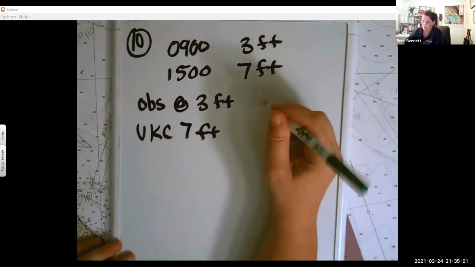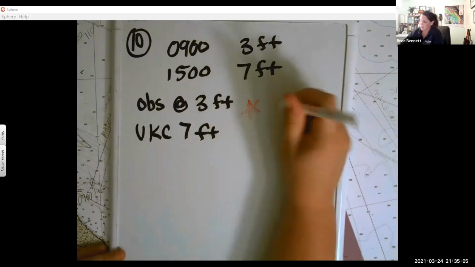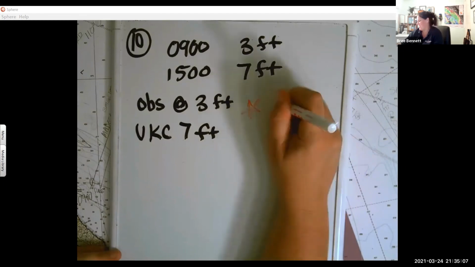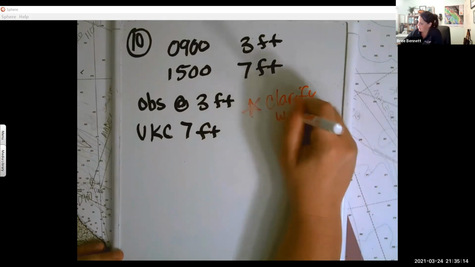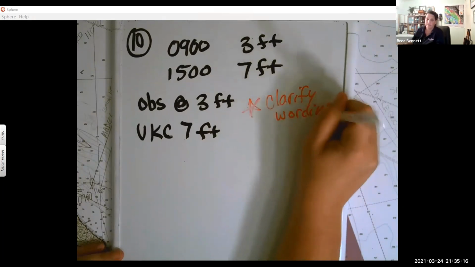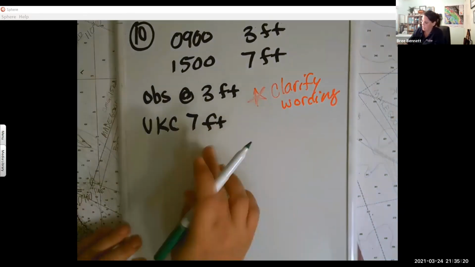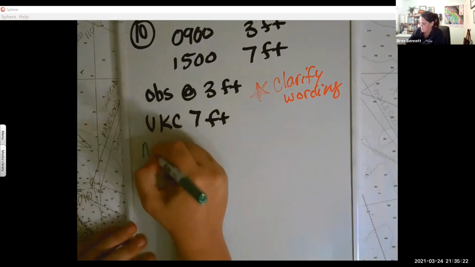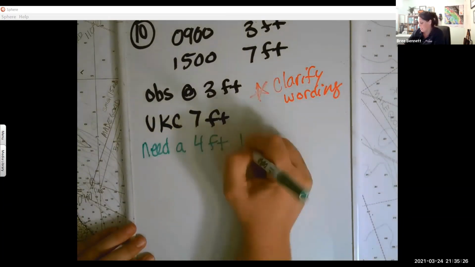I'm going to rewrite this one. So you would need a 4-foot tide. The answer that I'm working for is you need a 4 feet tide. Clarify wording. Okay. We're just going to change this to, we need a 4-foot tide.